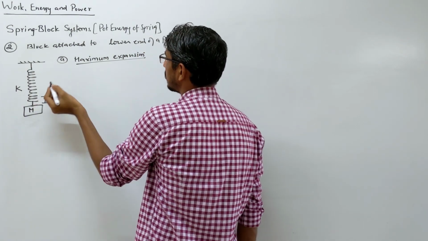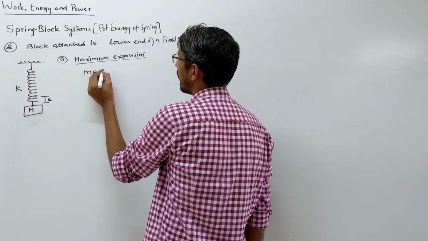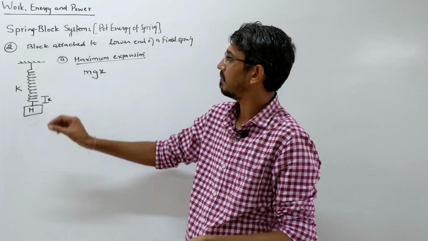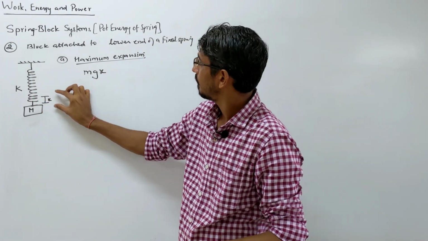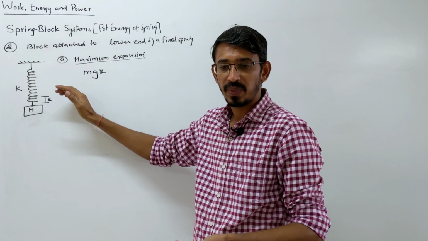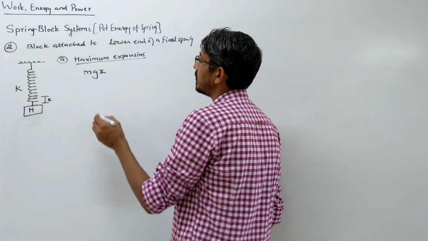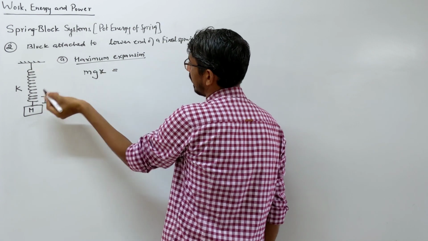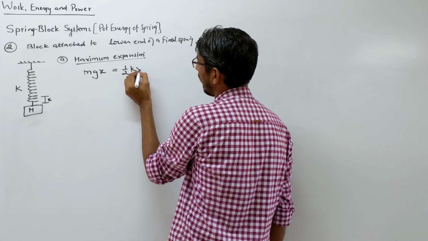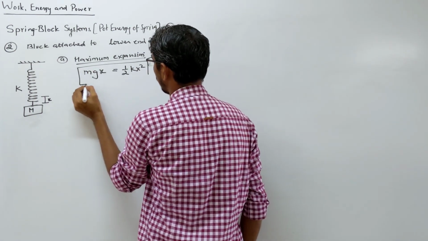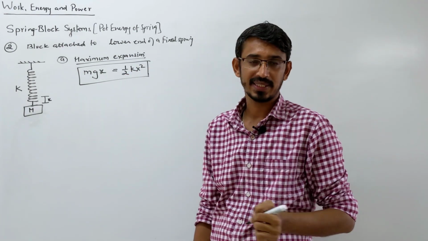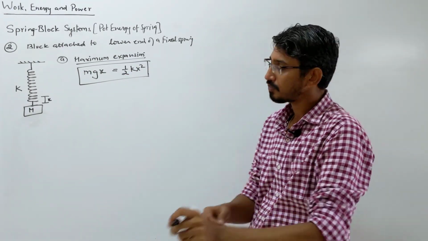So the energy in this block will be potential energy mgx. Here there is no height, it is simply attached to this. So x is the expansion, that's the distance the block moves, that's the potential energy in the block, right? mgx is equal to the energy in the spring, which will be half kx square. So this much will give you the answer for x, the expansion in the spring.